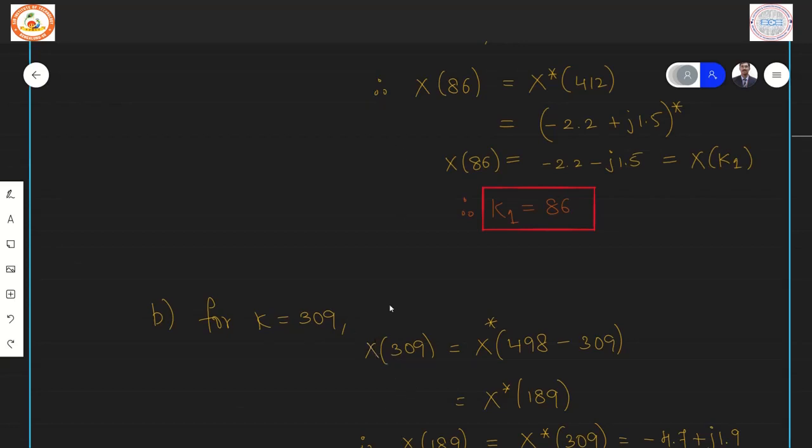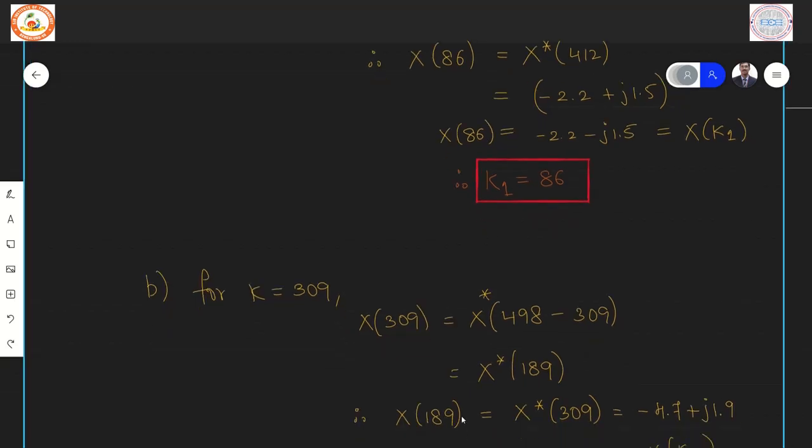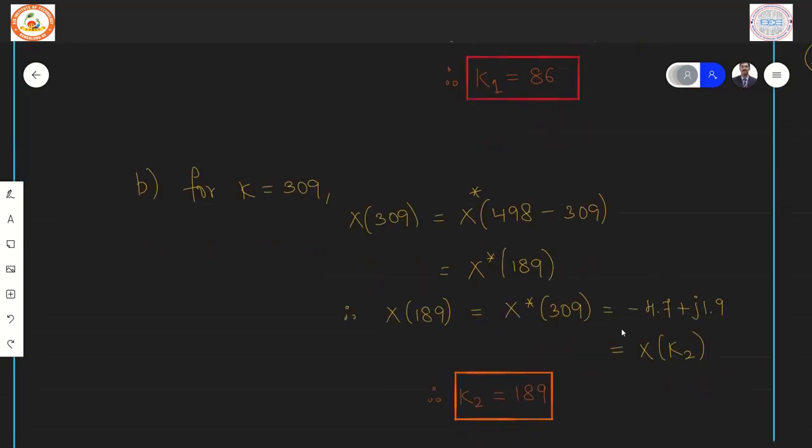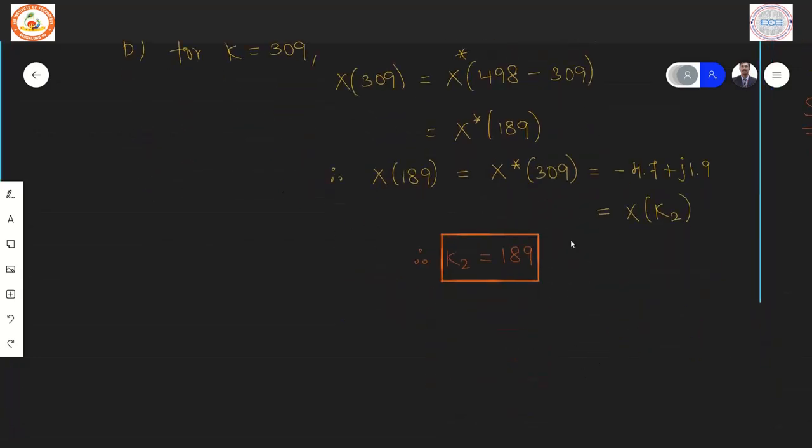Therefore, using the value k is equal to 309 in the relation, x of 309 is equal to x conjugate of 498 minus 309, simplifying gives you x conjugate of 189, or x of 189 is same as x conjugate of 309 equals minus 4.7 plus j 1.9. Therefore, the k2 value is 189.